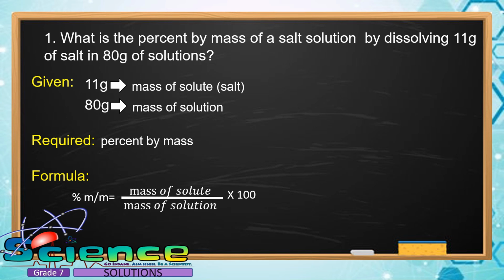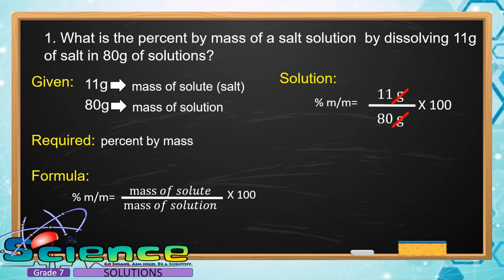And we will now have our substitution or the solution. Percent of mass is equal to the mass of solute, which is 11 grams, divided by the mass of solution, which is 80 grams, and multiply by 100.